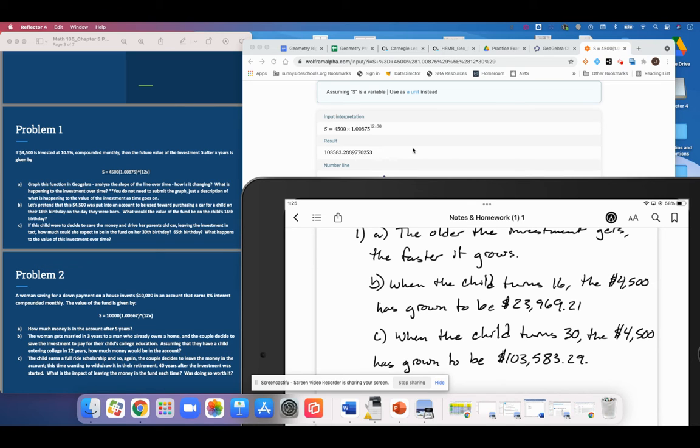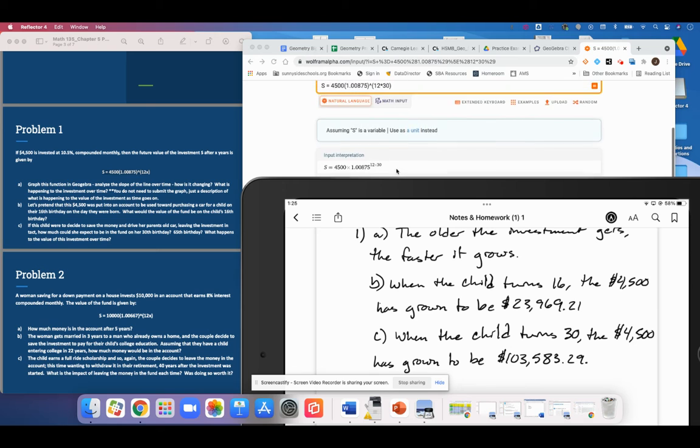So over the next period, so again, from going from 16 years to 30 years, we only added 14 years to this. And in that 14 years, we've gained about $80,000. So making $80,000 in 14 years for doing absolutely nothing, that sounds pretty good.